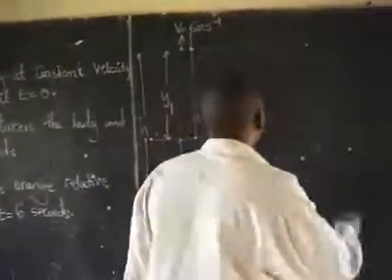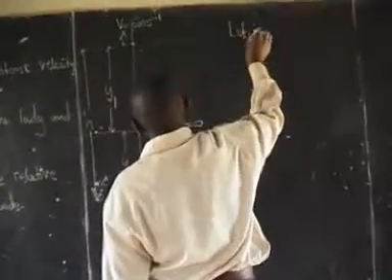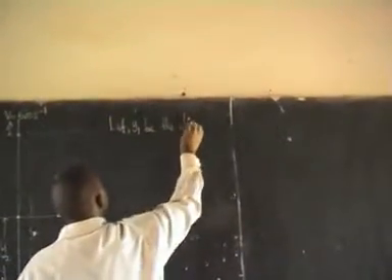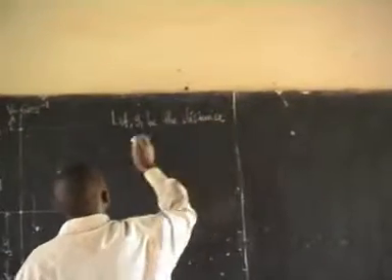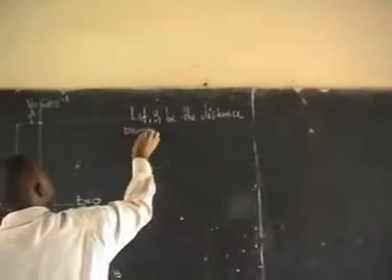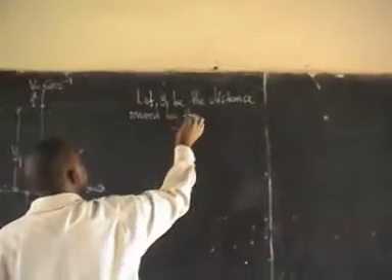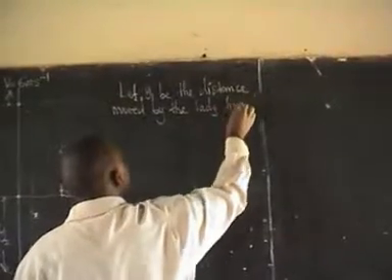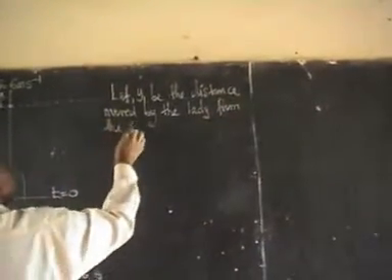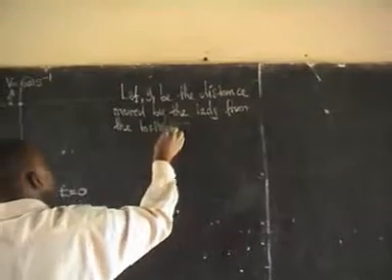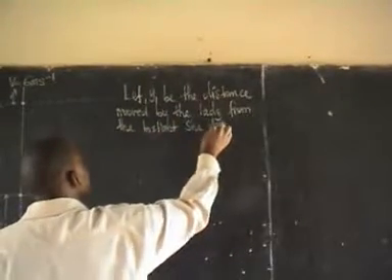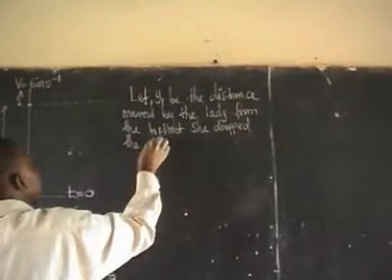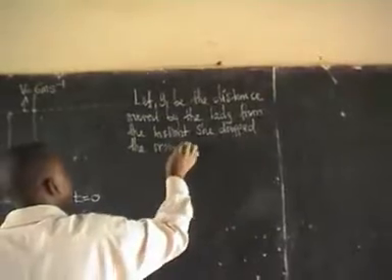So let y1 be the distance moved by the lady from the instant she dropped the orange, that is t equals 0.